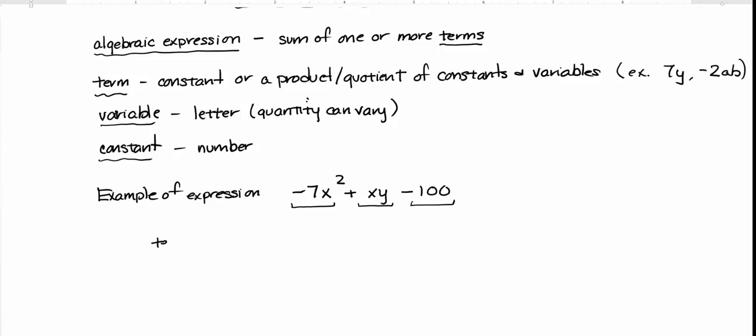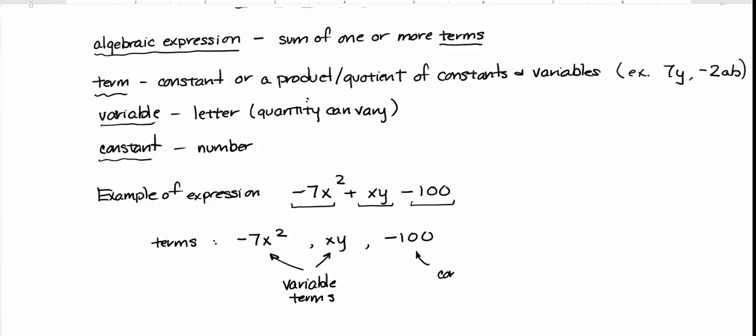So our terms for this expression are negative 7x squared, we also have the term xy, and negative 100. These first two terms, because they have a variable in there, we call them variable terms. And this last one here, negative 100, is simply a constant term. No letters in it.